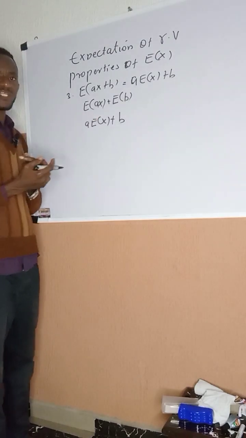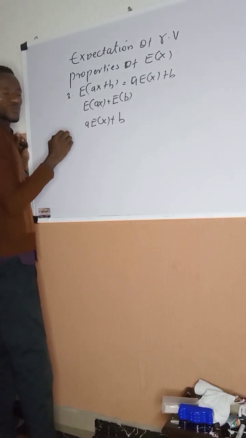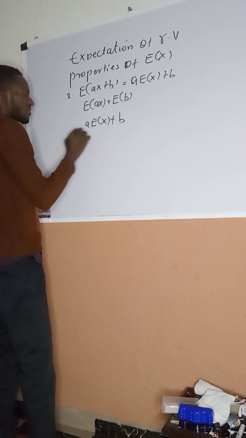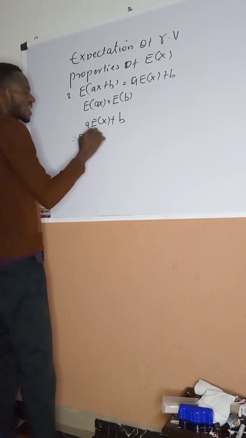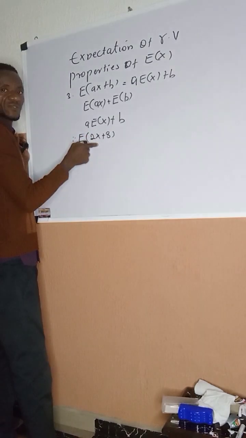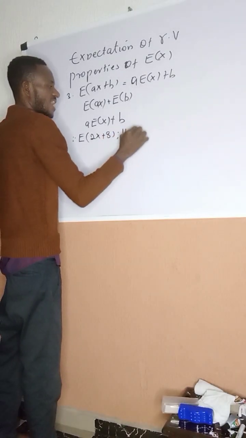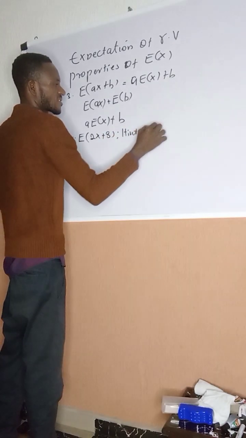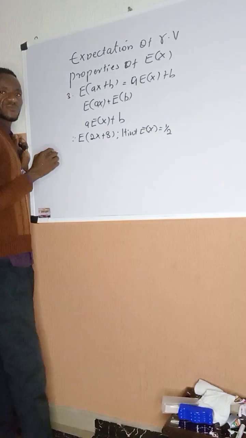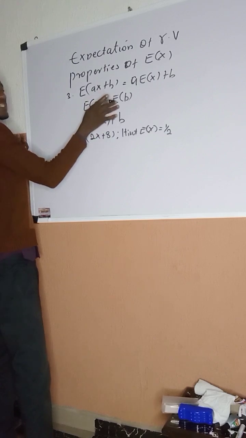So on that ground, if someone tells us that we should evaluate E of 2X plus 3, and then gives us a hint that E of X equals, let me say, 1 over 2, first of all, we come here and express this as this.